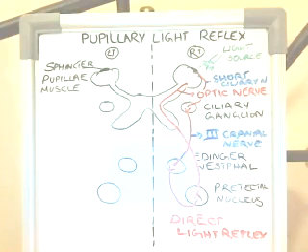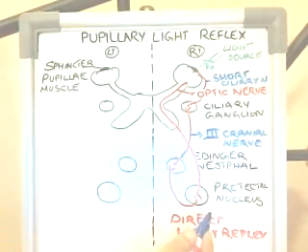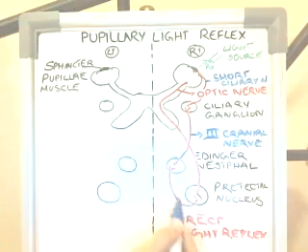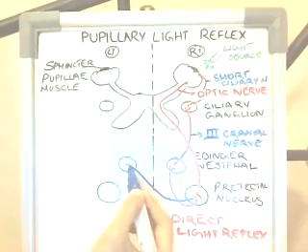Now let us see what the pathway is for the constriction of the pupil in the other eye. It is observed that from the pretectal nucleus, the neurons not only project to the Edinger-Westphal nucleus of the same side, they also project to the Edinger-Westphal nucleus of the opposite side.